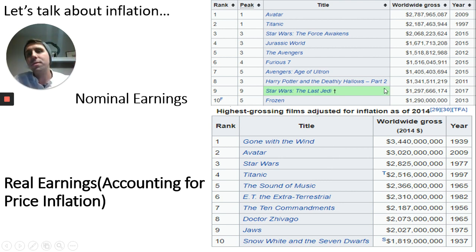When you don't consider the fact that tickets cost less money, it looks like no one watched movies back then. But when you consider that movie tickets cost more now, it's very clear that the highest grossing films of all time are pretty diverse in terms of years. They're just not being fairly represented because tickets cost less and everything costs less back then.